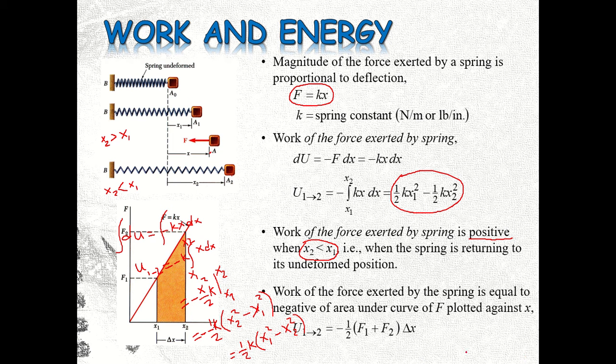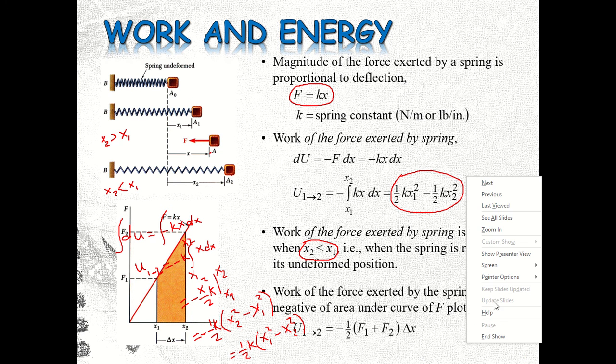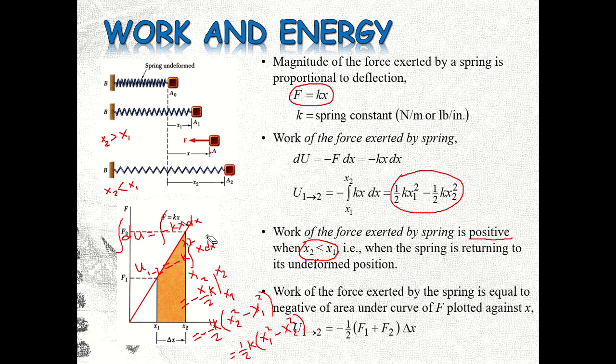So work of force exerted by spring is equal to negative of area. Okay, so I delete this one first to give us a clear view of this part. So this is the graphical interpretation class for the spring.